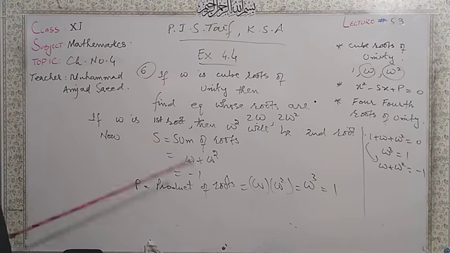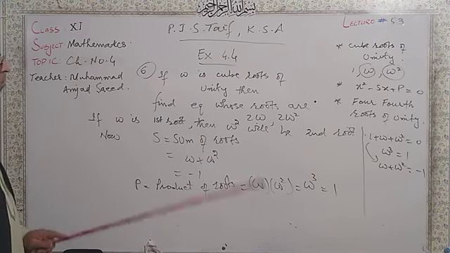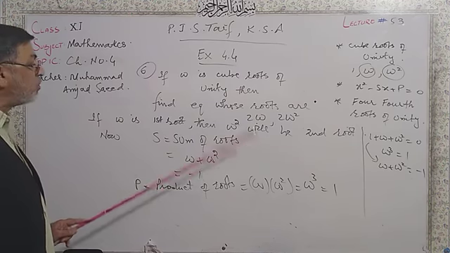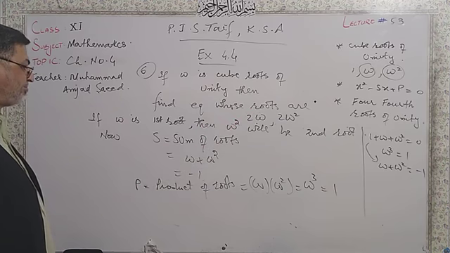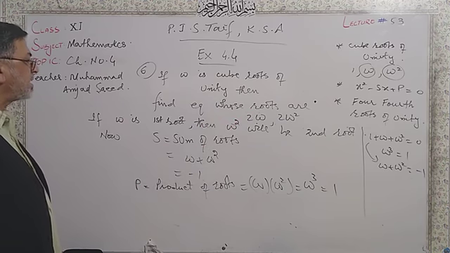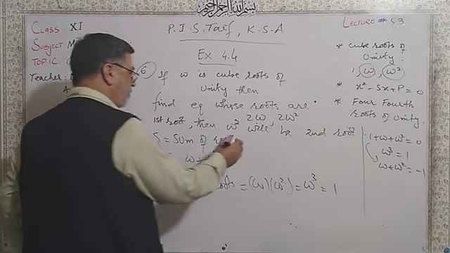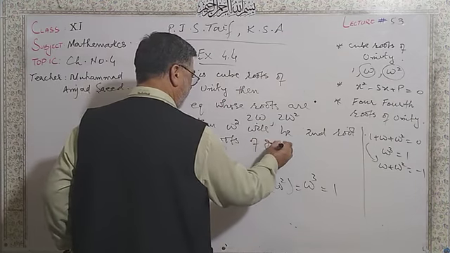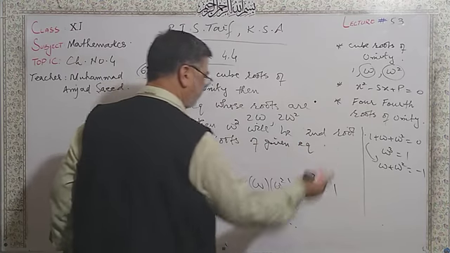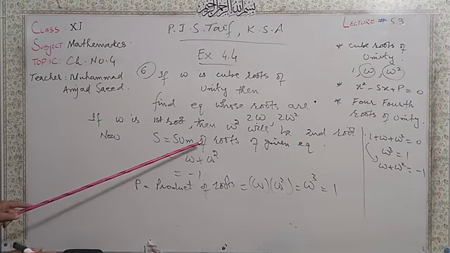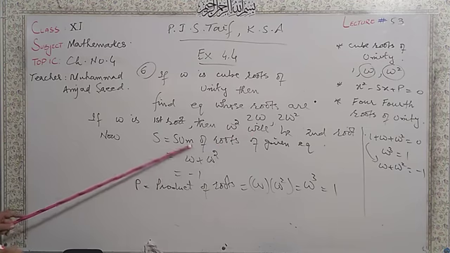So this is the sum of roots and product of roots of the given equation. But what is the sum of roots of the required equation? Keep in mind, these are the sum and product of roots of the given equation.